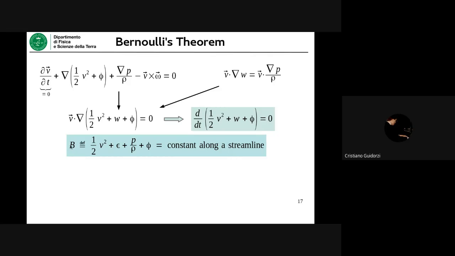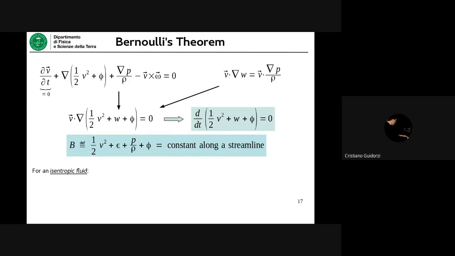So if you multiply B, which is constant along a streamline, by rho, which is also constant in the case of incompressible fluid, you find 1/2 rho V squared plus the internal energy epsilon rho plus pressure plus the potential energy, per unit volume, if you multiply by rho. So that's exactly the way you remember Bernoulli's theorem. So this is a generalization.